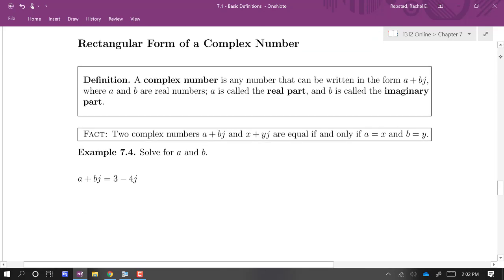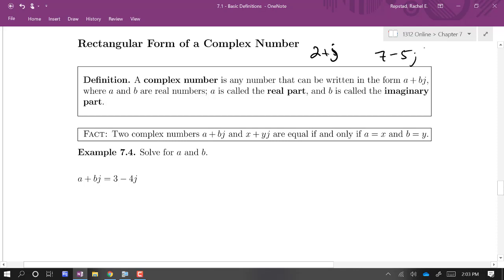Okay, so we've been working with just multiples of j, and powers of j, but a complex number can have a real part and an imaginary part. So it isn't just that j and 2j and negative 5j are complex numbers, but 2 plus j is a complex number, or 7 minus 5j.